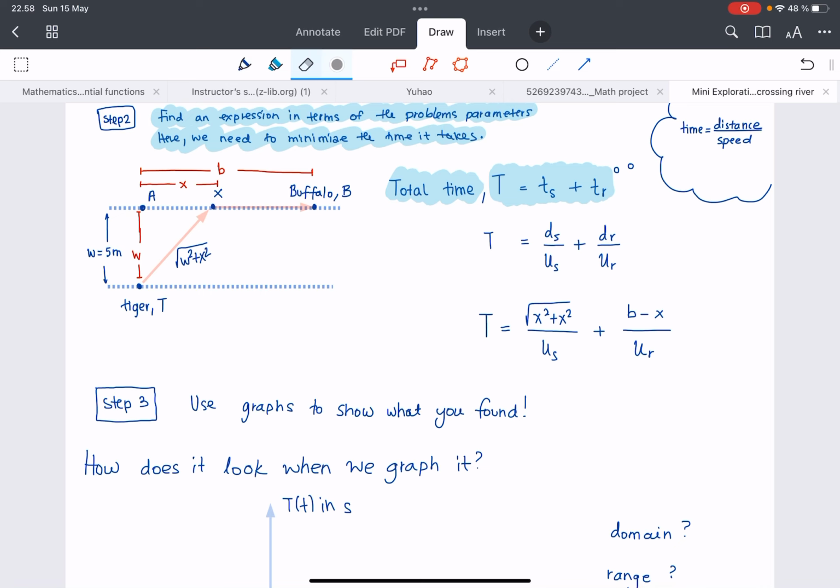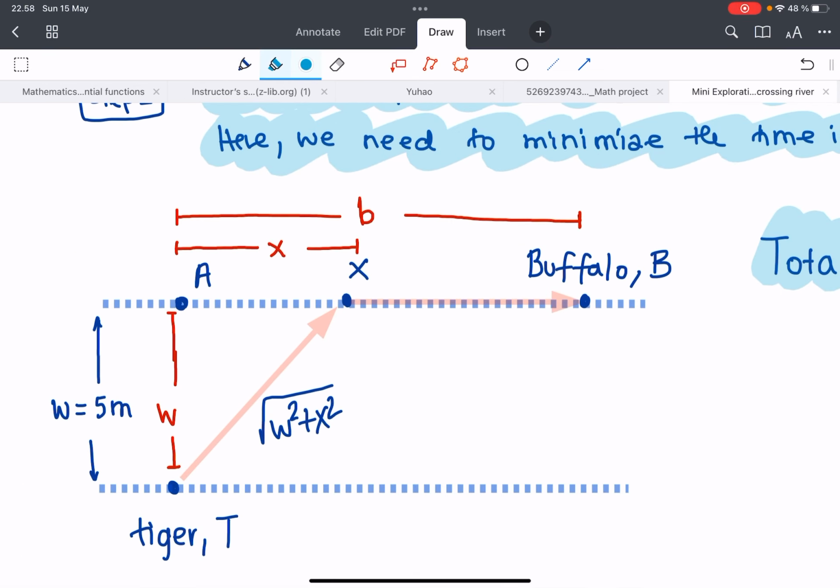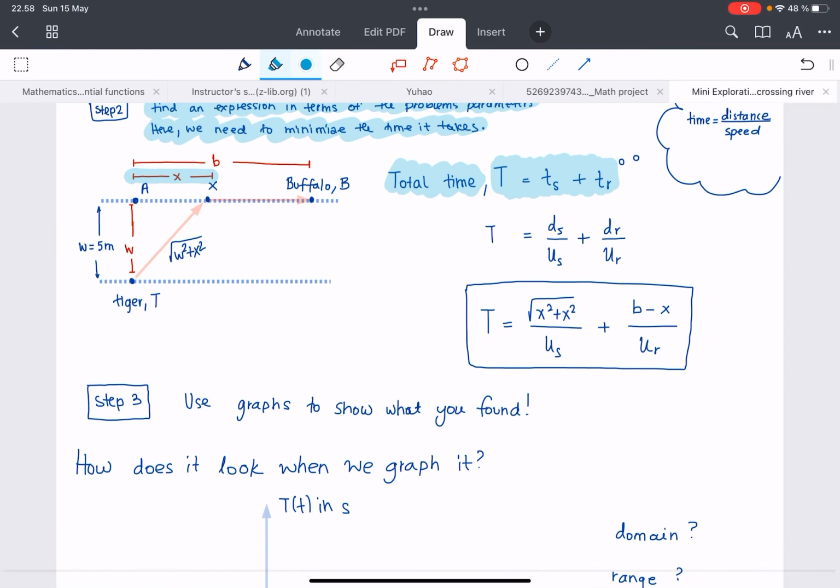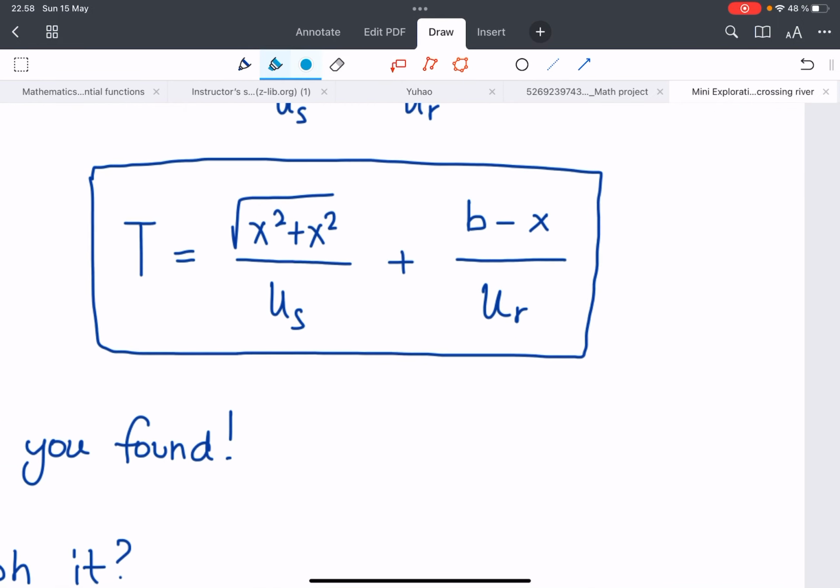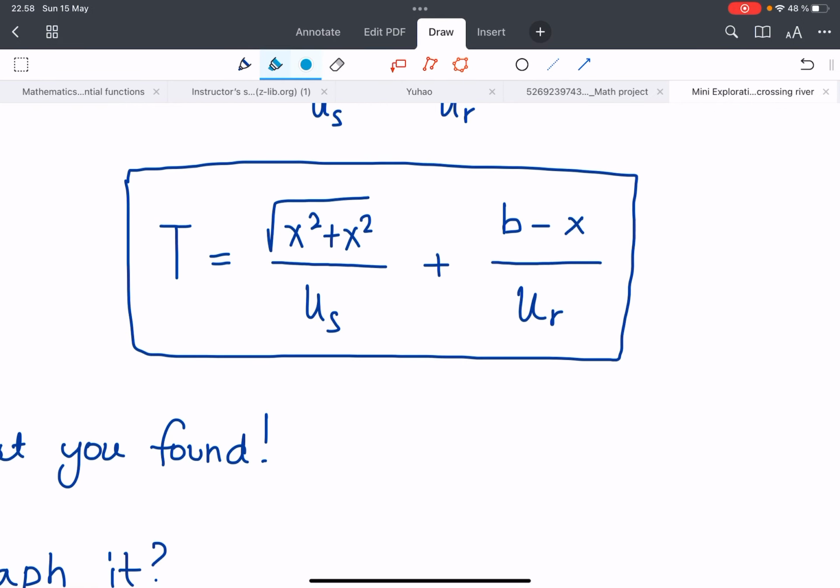So this is now an expression of the time in terms of x. X is the landing point, right? So x is this distance here. And that's what we're trying to find here. So this is an expression for the time.